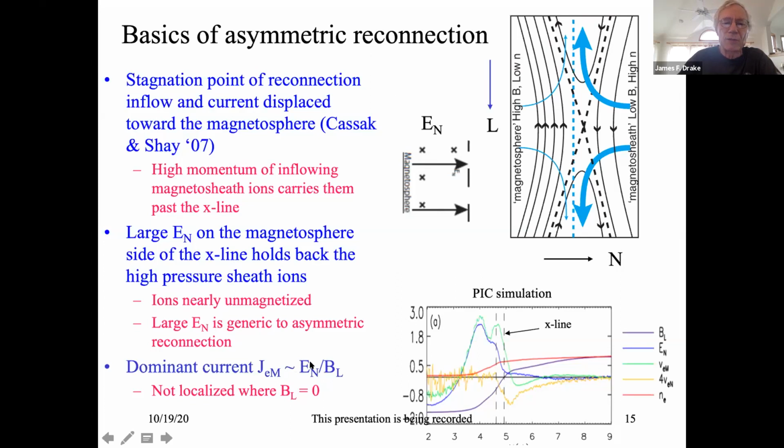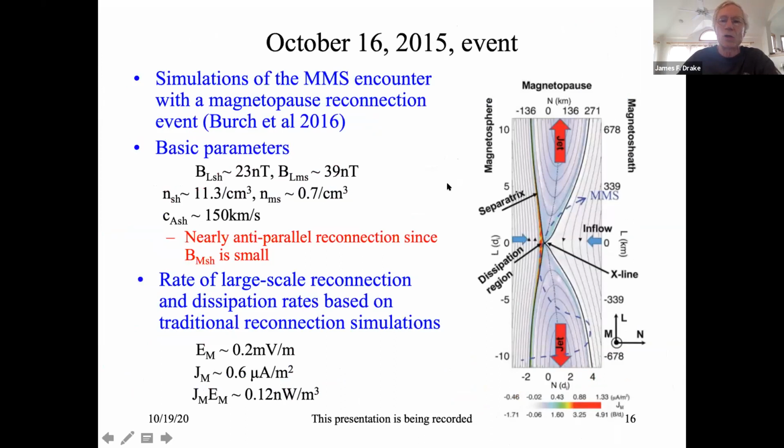It's an E cross B flow, and it doesn't peak at the X line, it peaks on the magnetosphere side of the X line. So it's not localized near the X line. Okay, so what you're going to see is this is playing a prominent role in the MMS observations. So this is a very important point: the importance of E normal to this whole reconnection problem at the magnetopause.